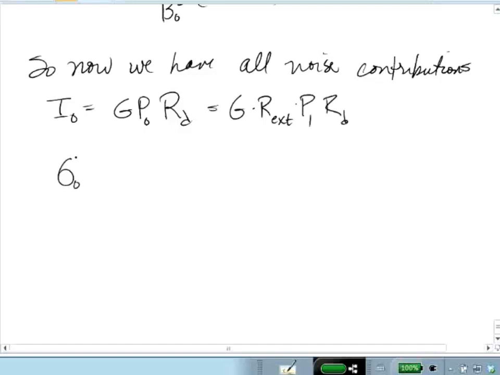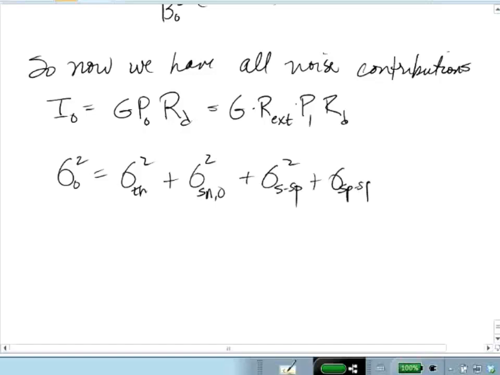Sigma 0 squared, the noise variance when a 0 is transmitted, would be the thermal noise, plus the shot noise when a 0 is sent, plus the signal spontaneous noise, plus the spontaneous noise, for which we found these equations previously.